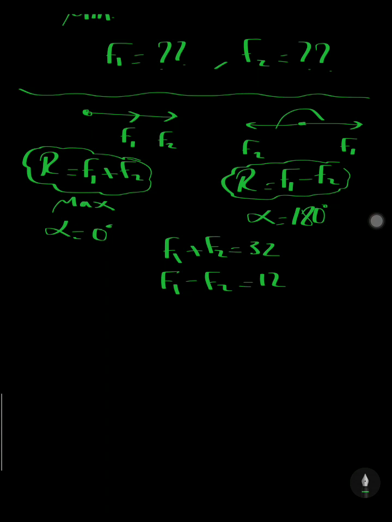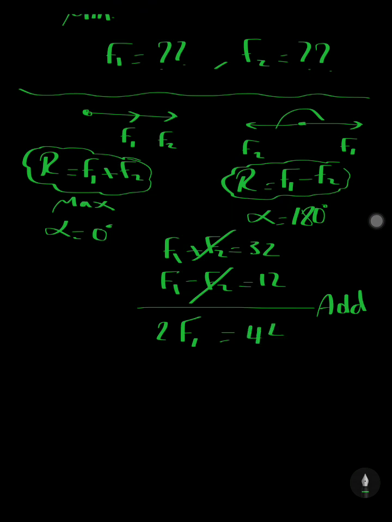To solve the two equations with two unknowns, we just add the two equations together. If we add them, we cancel F2 with negative F2. F1 plus F1 will be 2F1. And 32 plus 12 will be 44, over 2. So F1 equals 22 kilogram dot weight.